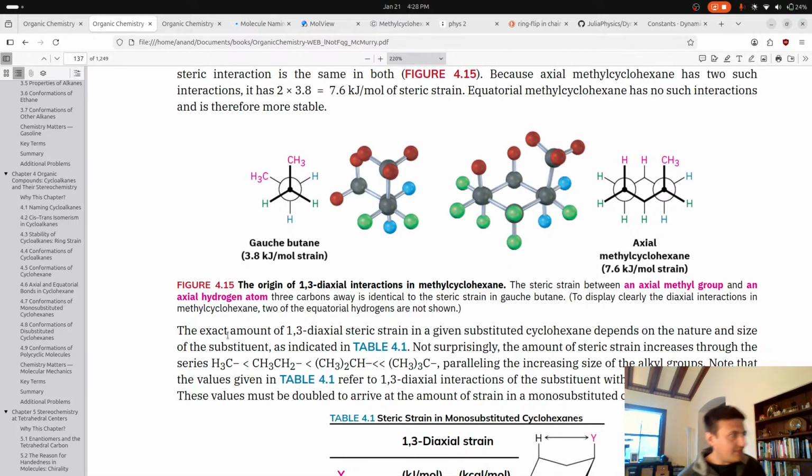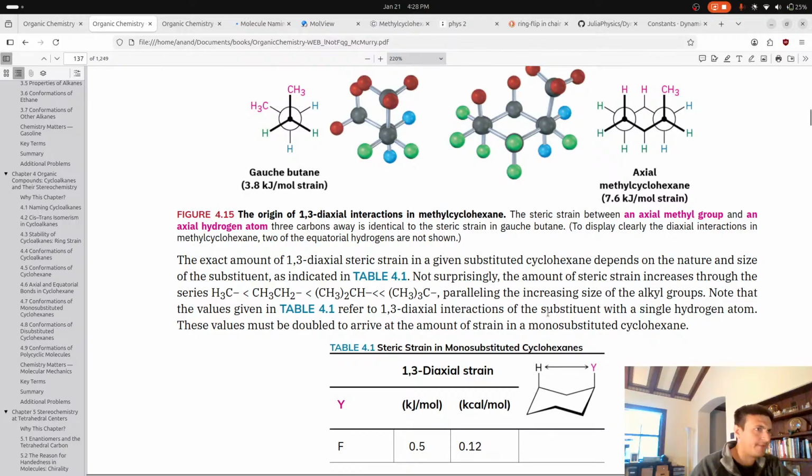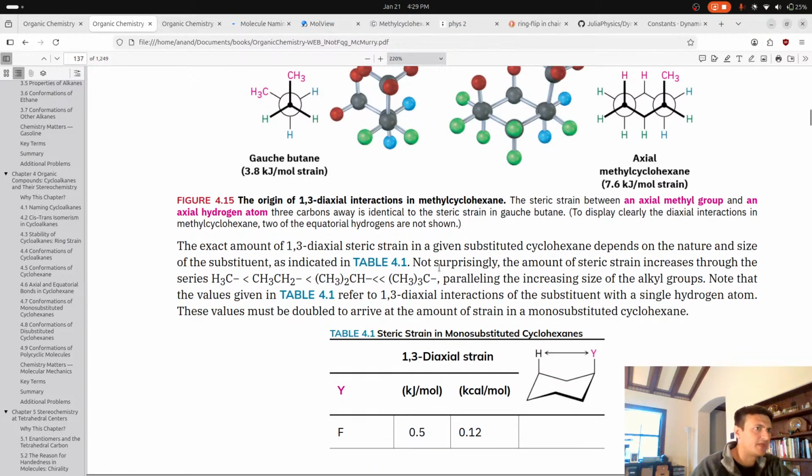The exact amount of 1,3-diaxial steric strain in a given substituted cyclohexane depends on the nature and size of the substituent. Not surprisingly, the amount of steric strain increases through the series.